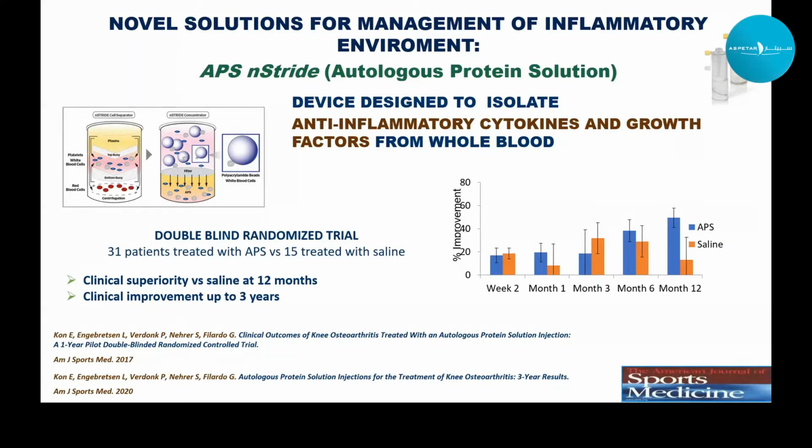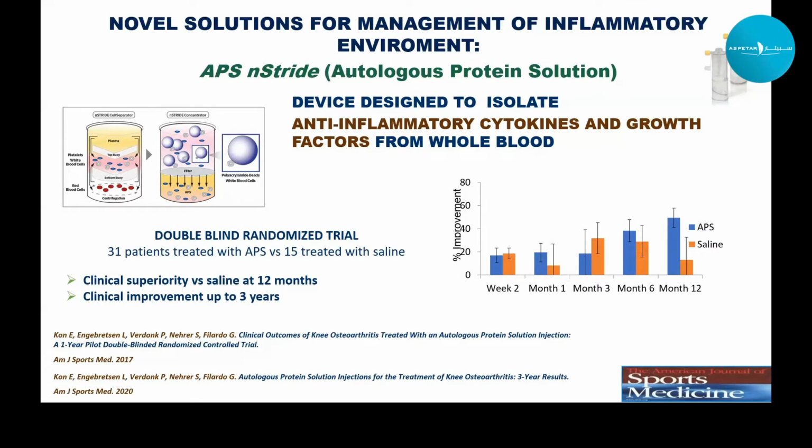It's trying to concentrate white cells, but make these white cells produce and isolate anti-inflammatory cytokines and growth factors. It's called autologous protein solution, because it's a high concentration of anti-inflammatory cytokines.